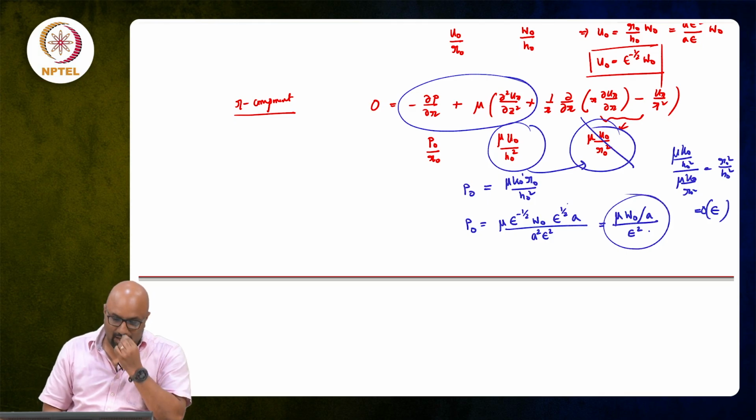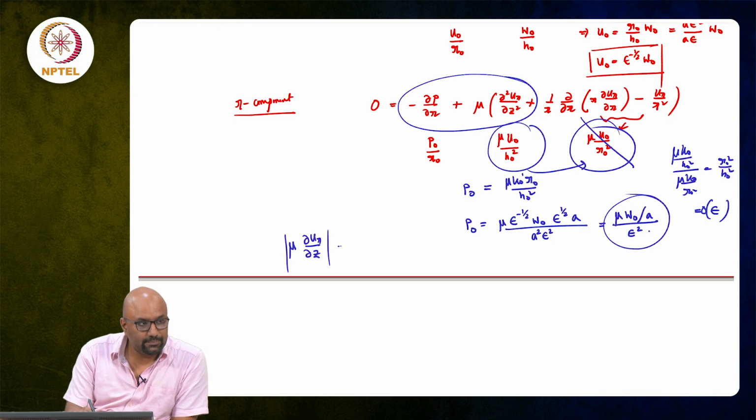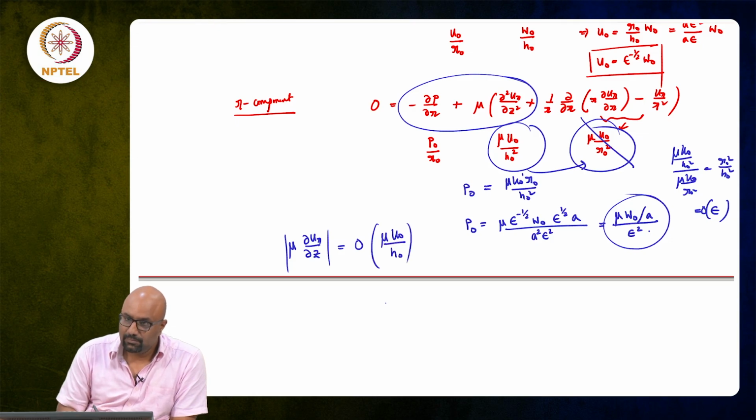What is the scale of the viscous gradient? Mu dou u r dou z. What is the scale of this quantity? Order mu u naught by h naught, right.